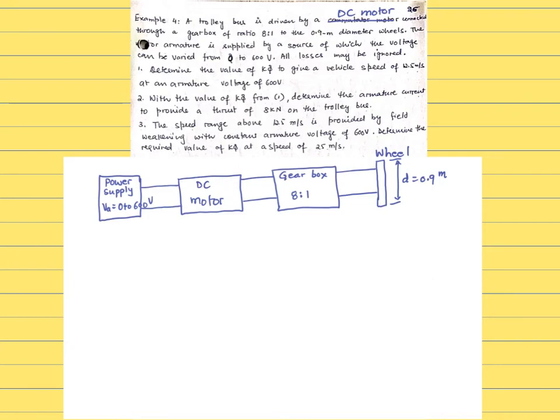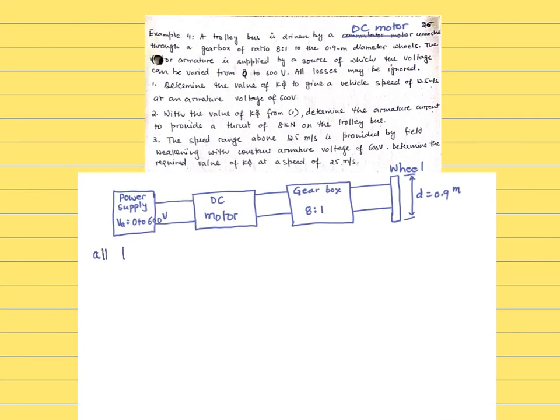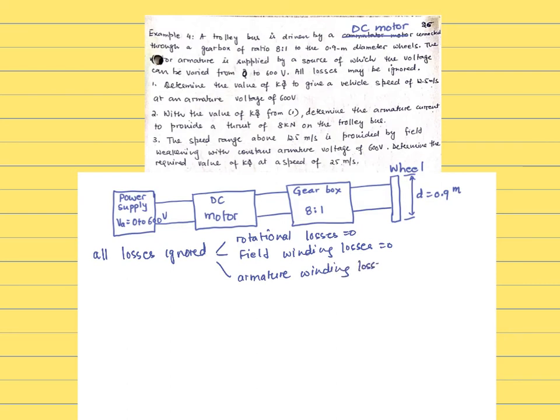The very first thing I want to express in here, so all losses ignored, meaning rotational losses are 0, field winding losses are 0, and armature winding losses are 0. The most important right now to us is having this as 0.